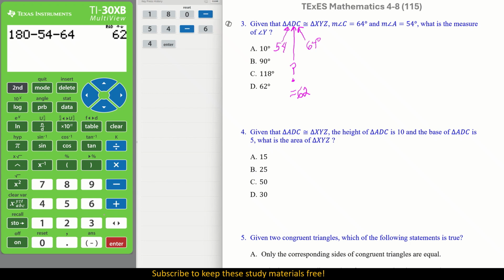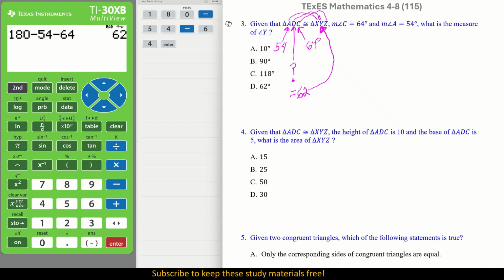By the definition of congruent, A corresponds to X, D corresponds to Y, and C corresponds to Z. So we know that 62 is also the measure of Y by definition.